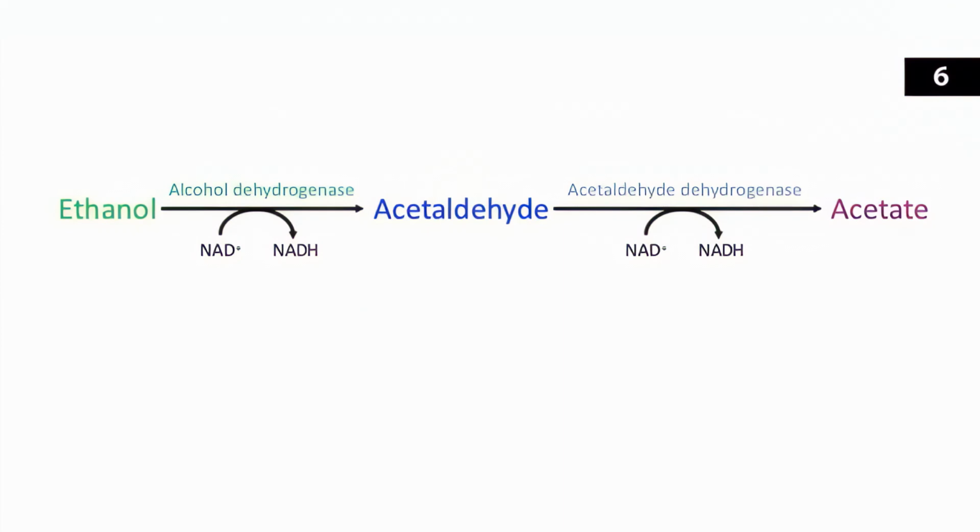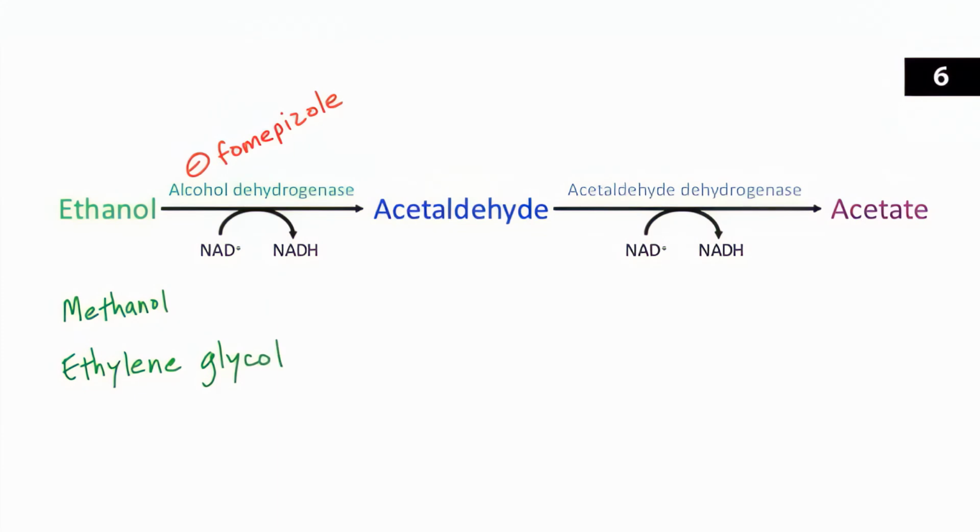So you need to know the drugs that inhibit each of these enzymes. The first enzyme, alcohol dehydrogenase, is inhibited by a drug called fomepizole. Fomepizole is used to treat methanol poisoning and ethylene glycol poisoning. The second enzyme, acetaldehyde dehydrogenase, is inhibited by a drug called disulfiram, which we use to treat alcoholism. So let's talk about fomepizole for just a second.